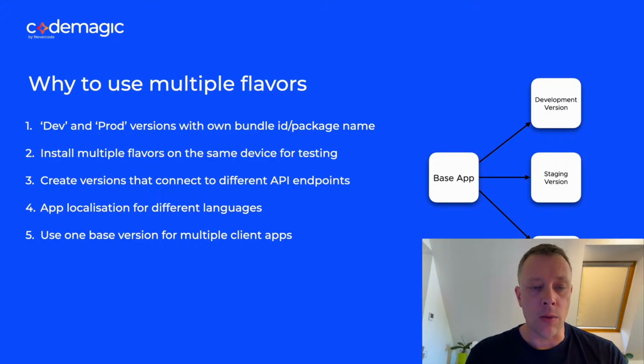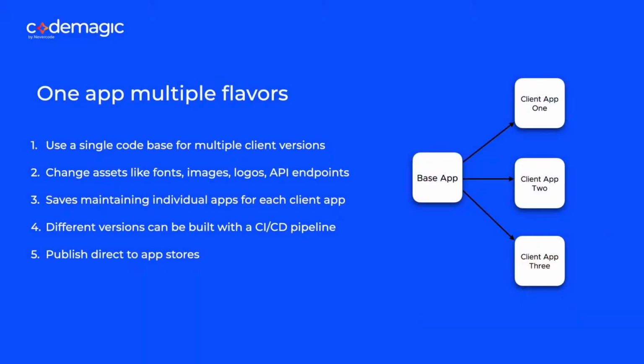And it's also possible that you need to localize your application for different languages, or that you've got one base version of your app that you are creating multiple client applications for. So if you're using one app to create multiple flavors, it's possible that you're creating white label applications where you take your base application and create client app 1 or client app 2, client app 3.